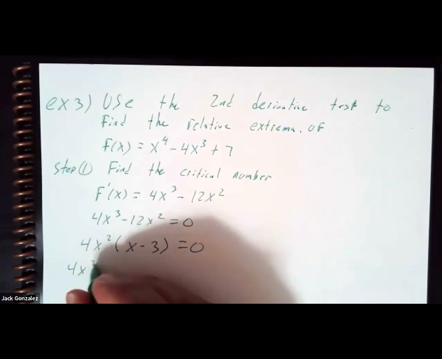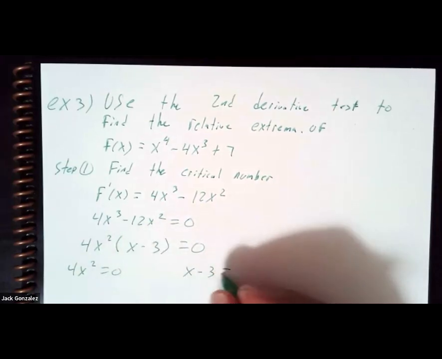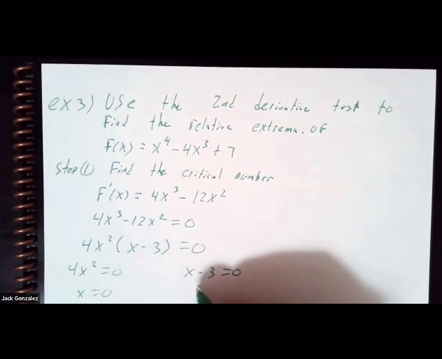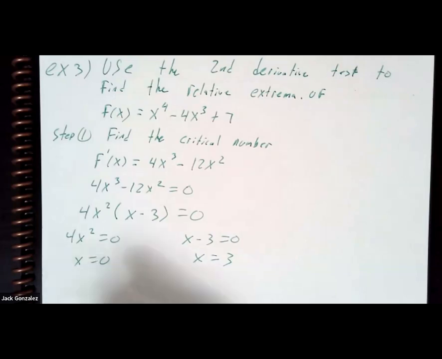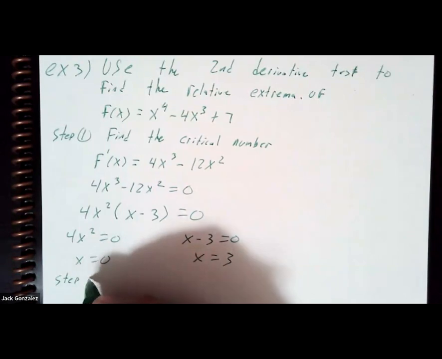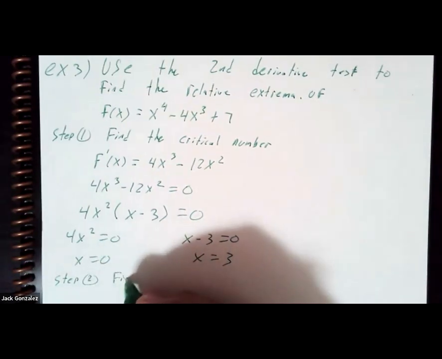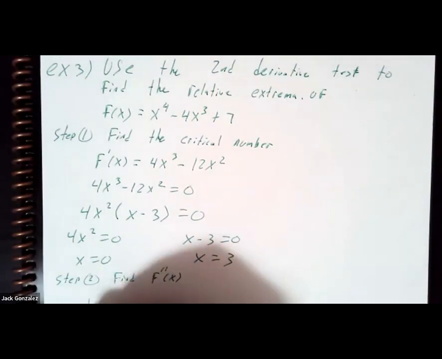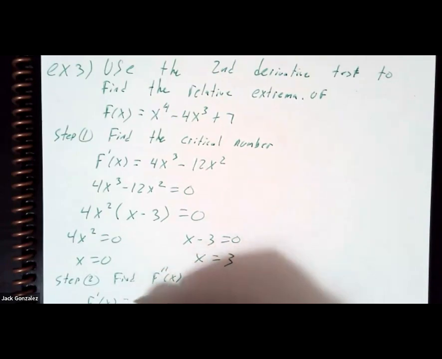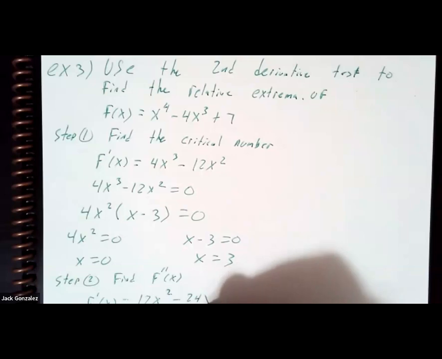So 4x squared equals 0, x minus 3 equals 0. The critical numbers are right here. We did that a bunch of times already. Step 2. Find the second derivative. The second derivative will be 12x squared minus 24x.